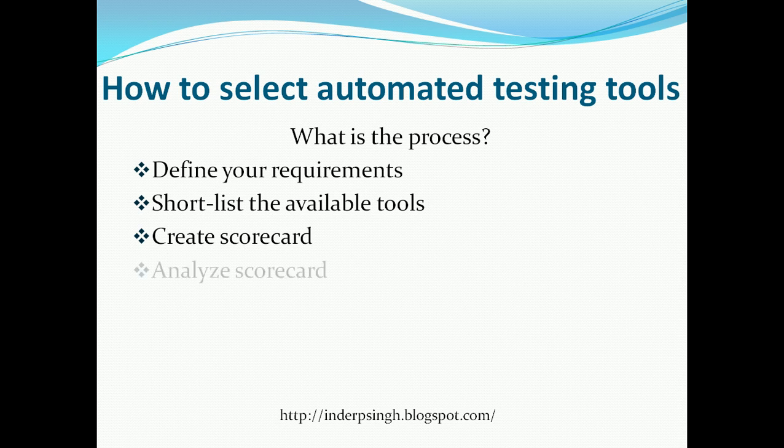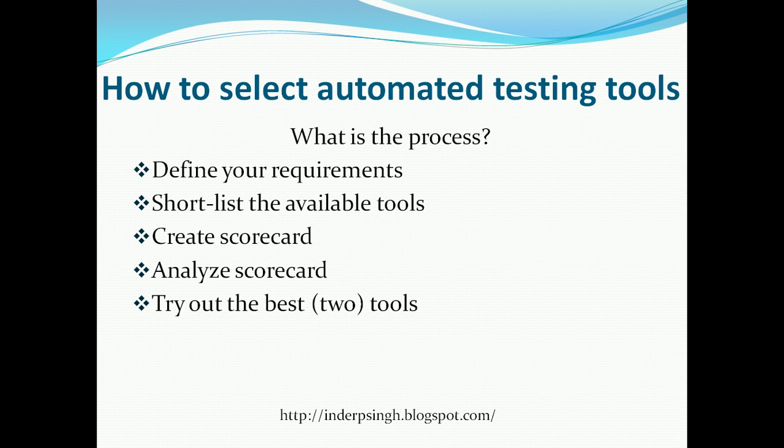Once you assign the number, then you can arrive at different analyses, such as the total suitability of the tool for your specific requirements. And then you will come to know which is the best tool for your specific requirements. So you can select either the best tool or the best couple of tools and actually try them out.